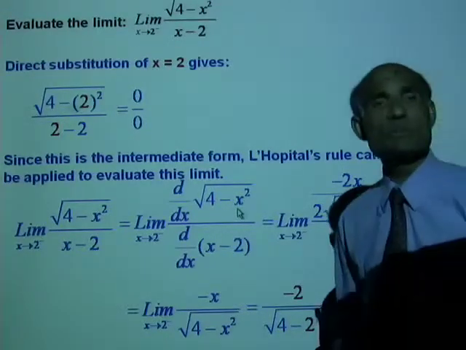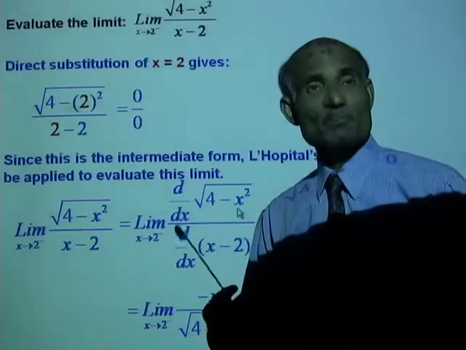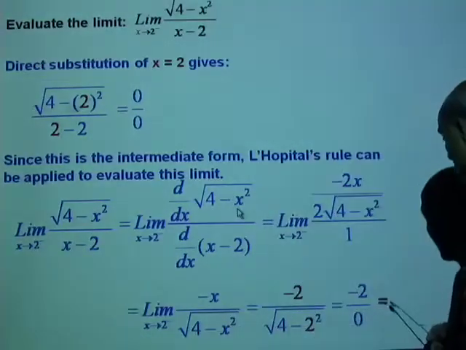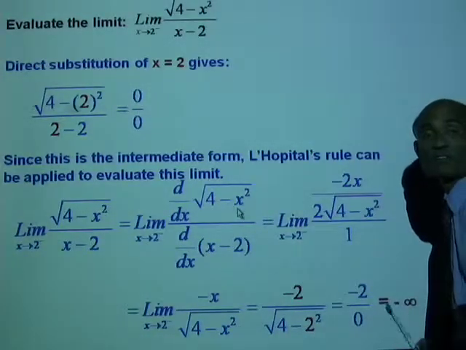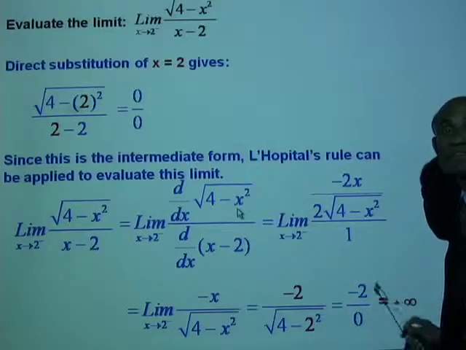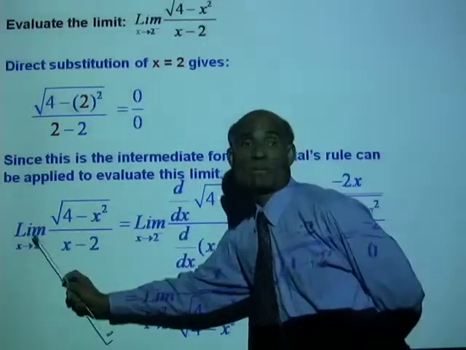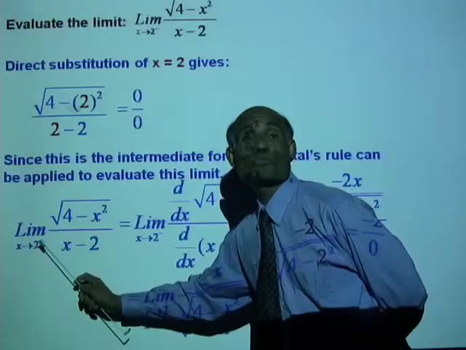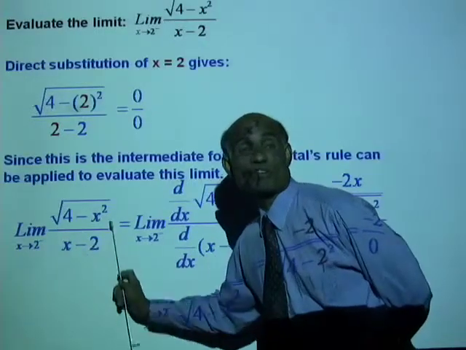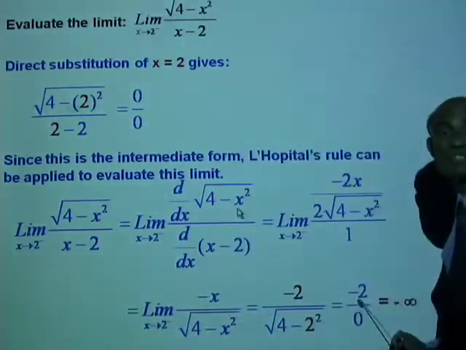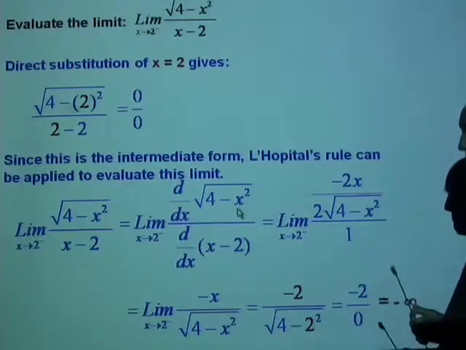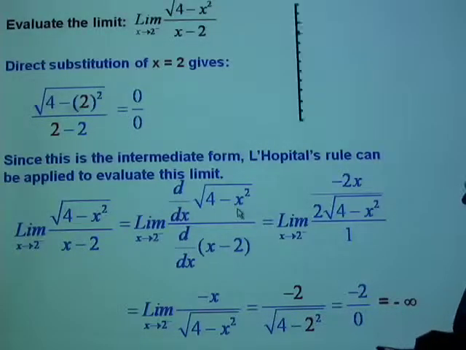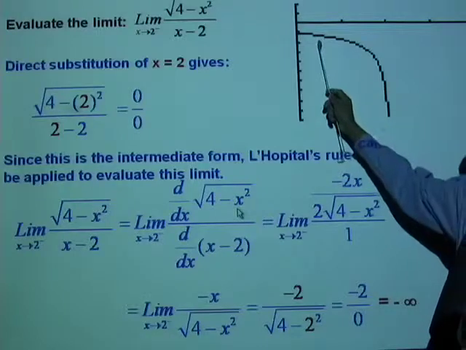What is a number divided by 0? A number divided by 0 is infinite. So this will be negative infinity. The limit as x approaches 2 from the left of this quantity is negative infinity. Now, can you try that on your calculator? Look at this.